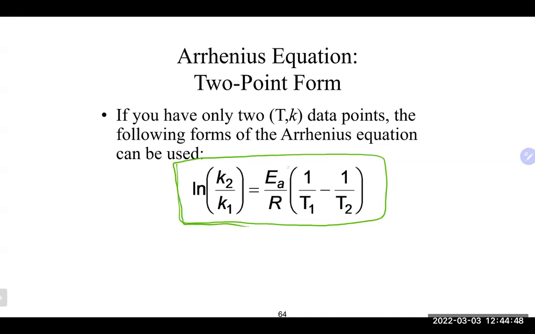Sometimes you will see on this side the negative distributed out with the Ea, and it's 1 over T2 minus 1 over T1. Sometimes you'll see in the parentheses all the temperatures combined, like T1 minus T2 divided by T1 times T2. So there's a few different versions of this equation. I would perhaps pick one and stick with it.